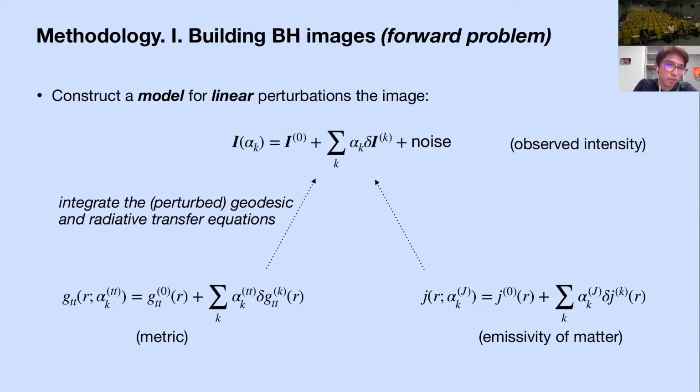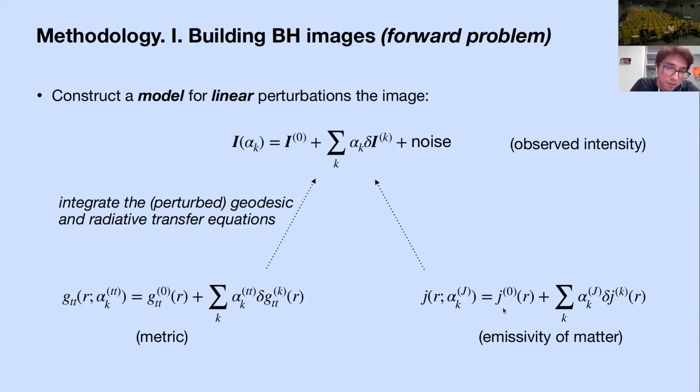Once we know how to compute black hole images, we can describe a model for deviations of a black hole image produced by GR, simply by taking, again, the expansions of the metric that I described before in terms of background and some arbitrary perturbations.